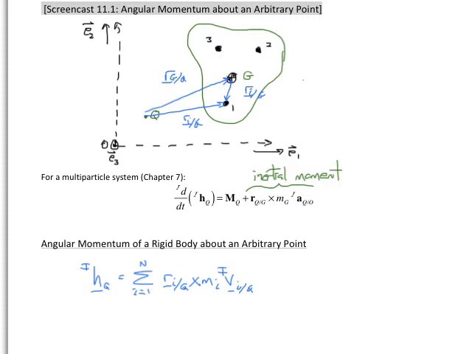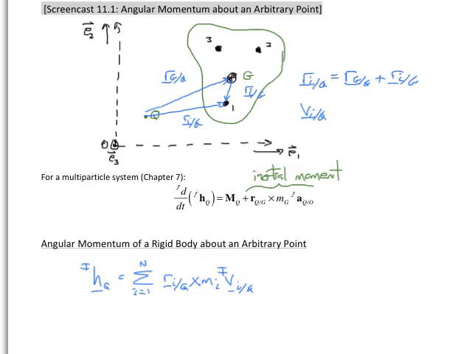And we define r of i with respect to Q, which we're using in our expression, as the position vector of the center of mass with respect to Q plus the position vector of each particle with respect to the center of mass.